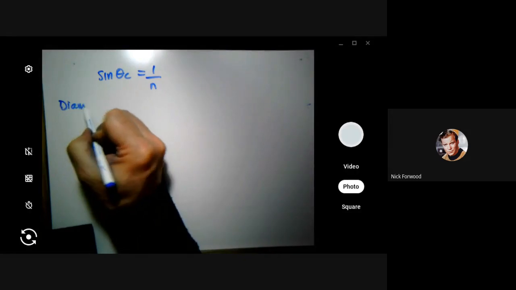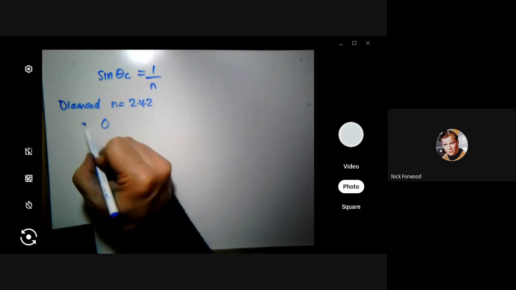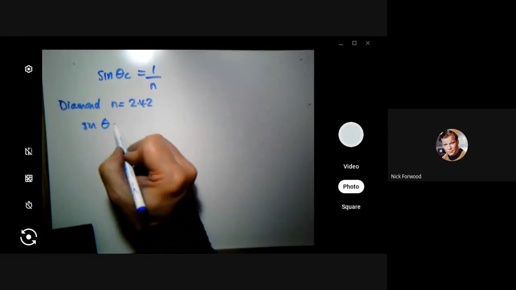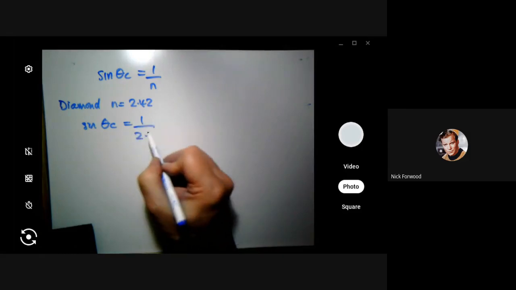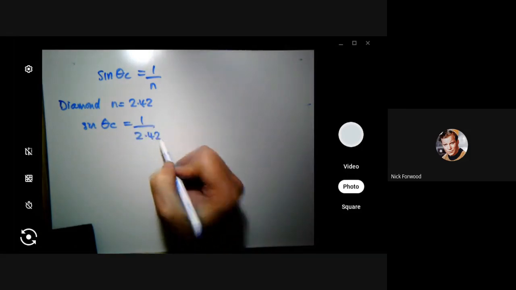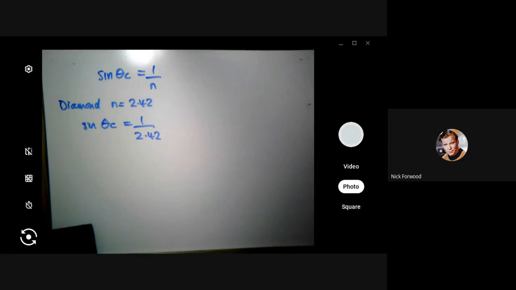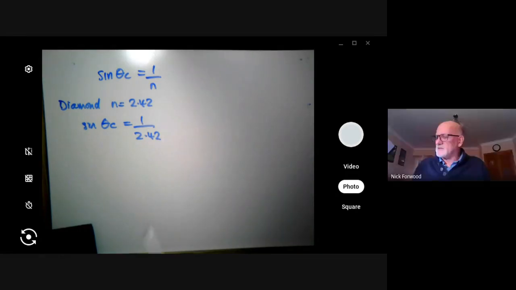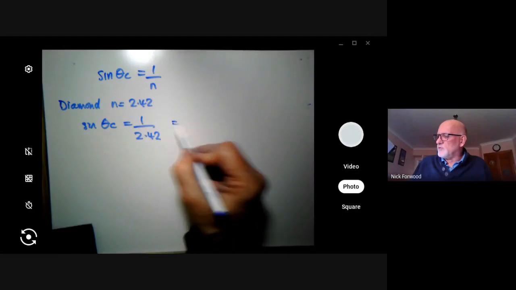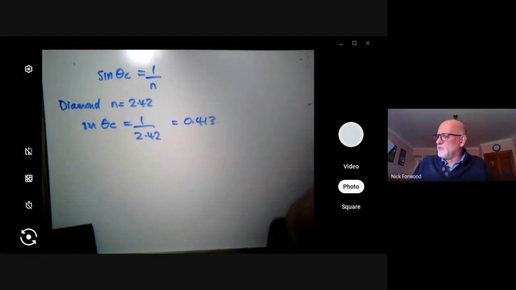So for diamond, we already know that n is 2.42, so sine theta c is 1 over 2.42. You put that in your calculator, and that works out to be 0.413 something or other.